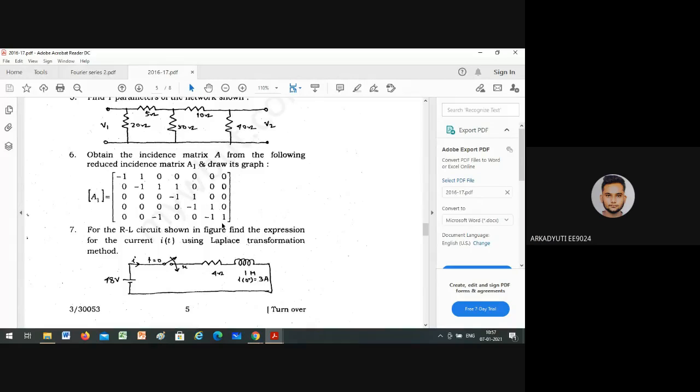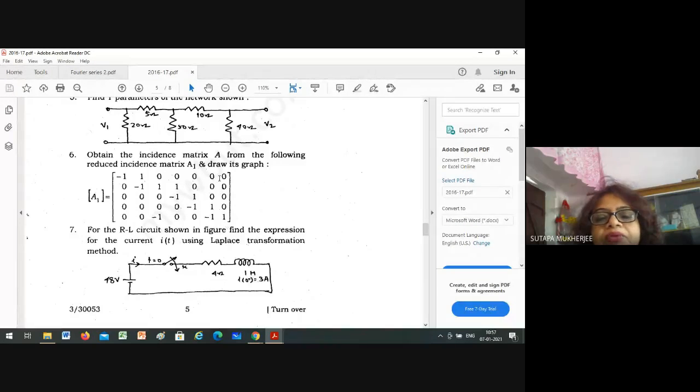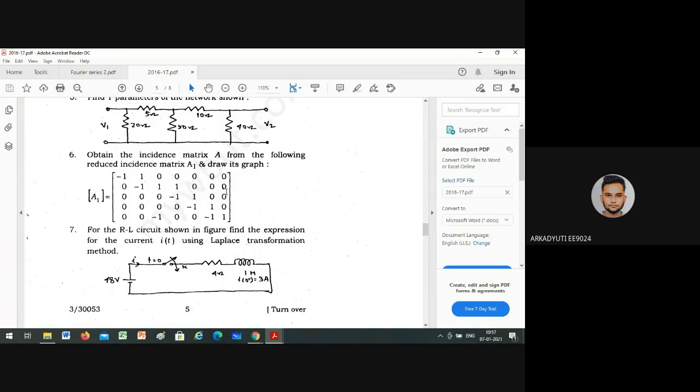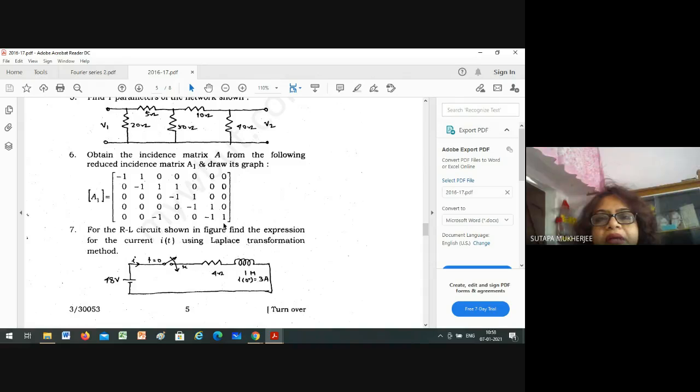This is anticlockwise. You are not audible clearly. What will be the properties of the incidence matrix? Anybody else? In the graph, the branch will go because it has a path. Orkhuddin, I cannot hear you because you are having net issues.